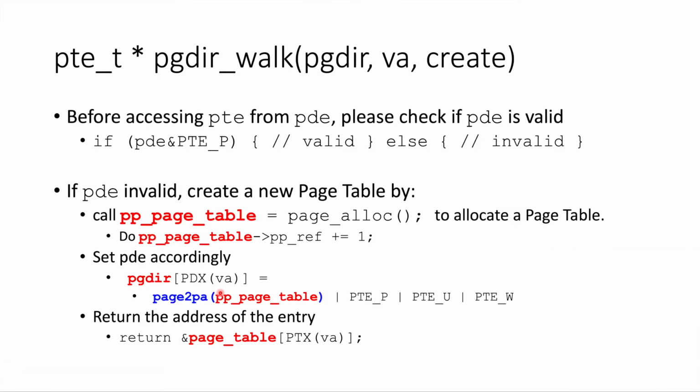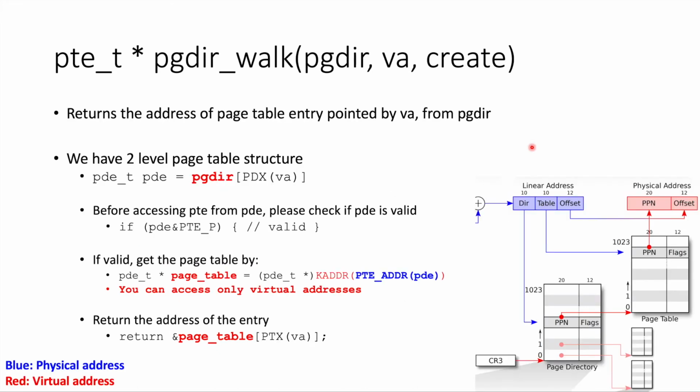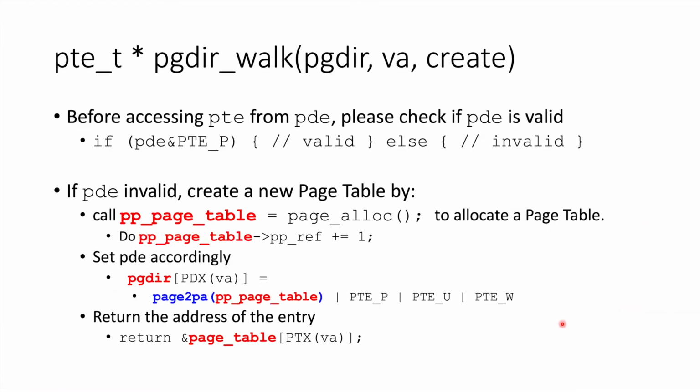On the other hand, if the page directory entry is invalid, then we need to create a page table. If the flag is not set with the PTP here, it means that there is no corresponding page table allocated by this entry. So we need to allocate a memory page to create a new page table.